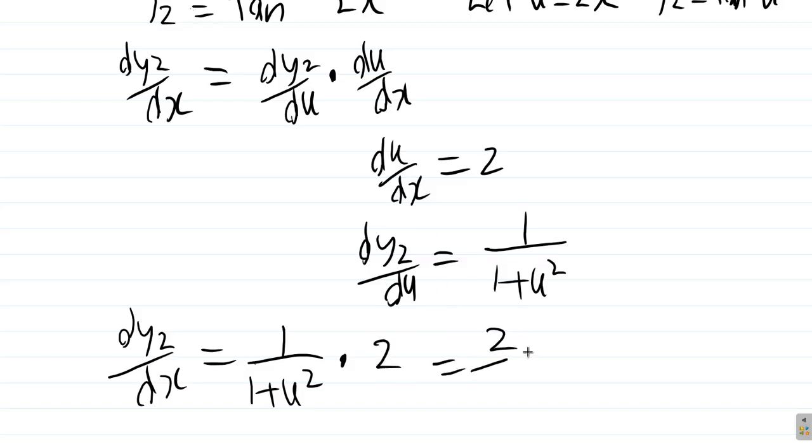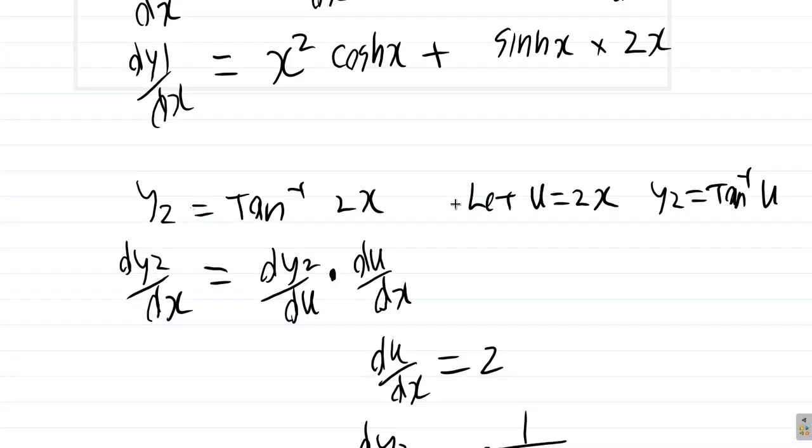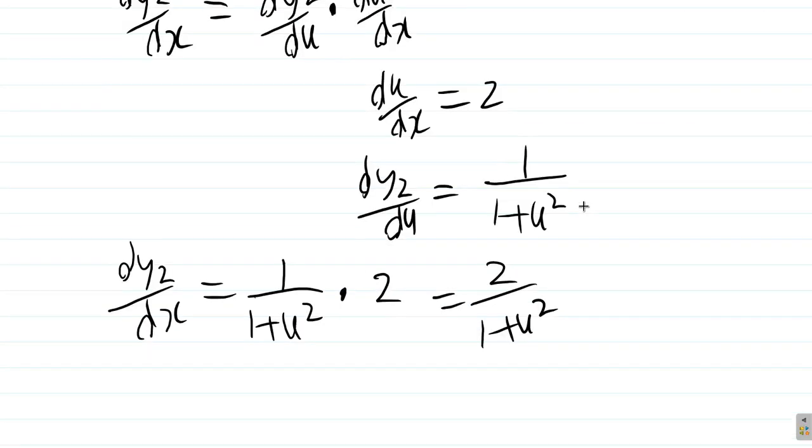So what we have is 2 over 1 plus u squared. But then the thing is, we did not get the function with any u in it. We're the one who had put it there, so we need to remove it and restore the function to the previous form. What was u? U was 2x. So this is 2 over 1 plus 2x squared.